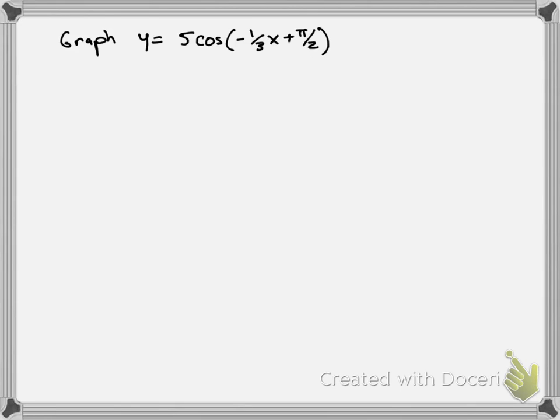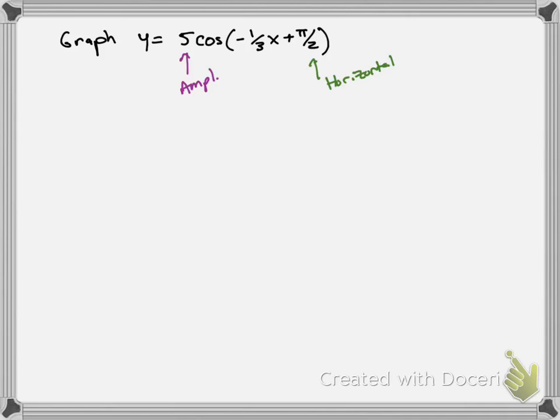Okay. So if I want to graph this, first of all, I want to break down what I know. So I know that the amplitude is going to be 5, right? I know that it seems to be shifted. There's a horizontal shift. Now, horizontal shifts are weird because it'll shift it, but the amount of the shift is actually complicated by the speed, or by that horizontal stretch compression.